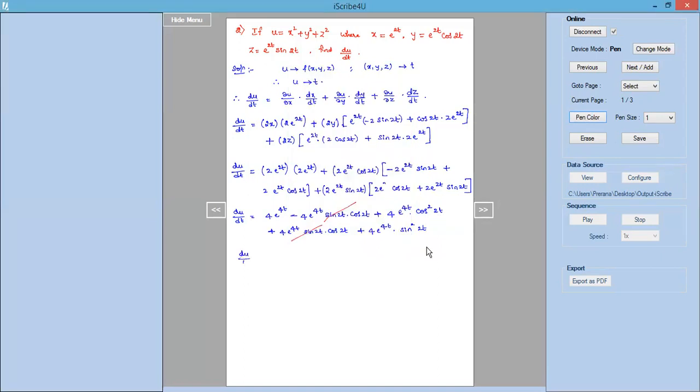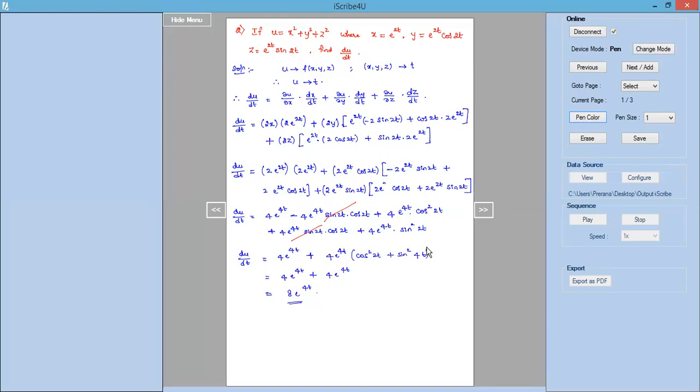So du by dt is equal to 4 e power 4t plus 4 e power 4t, which is equal to 8 e power 4t. And that's the required answer for du by dt.